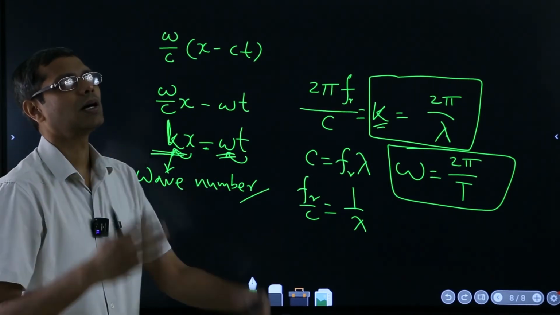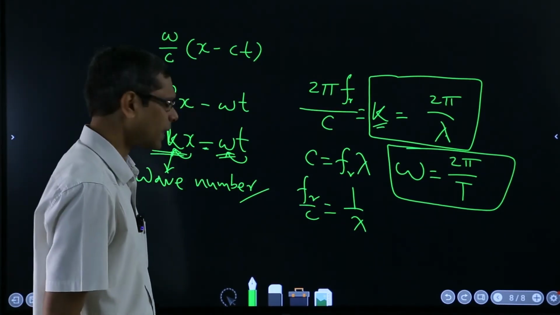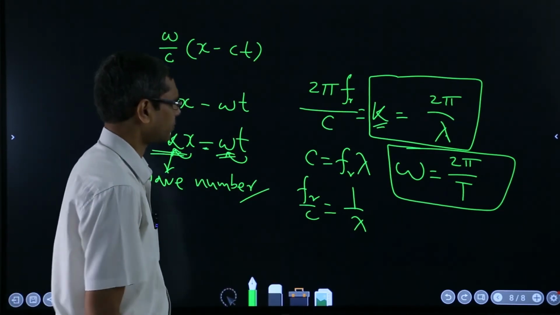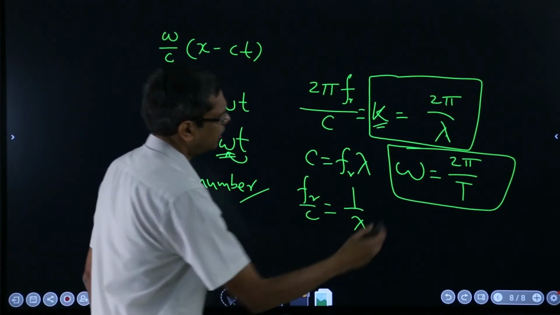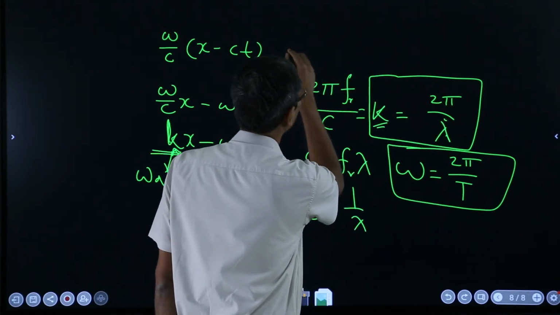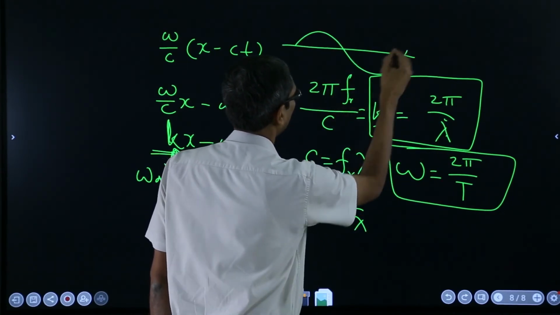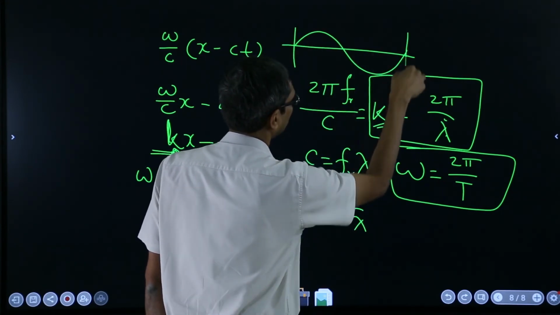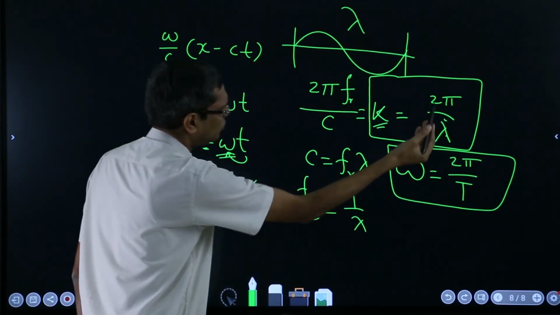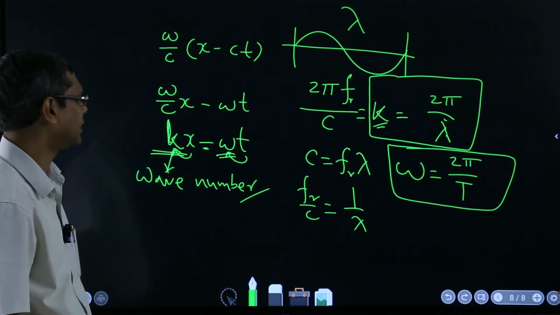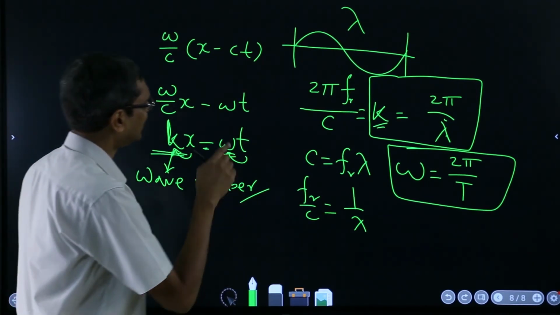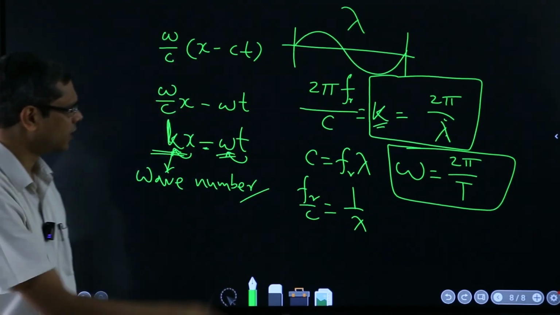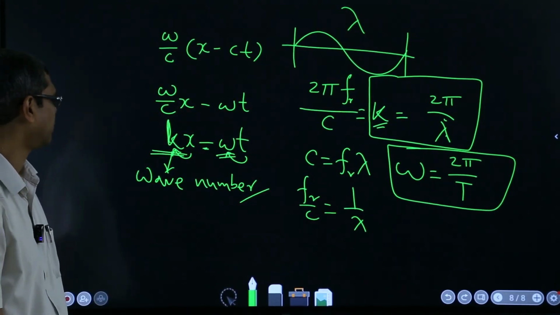So that means now if you see in space, if you calculate when again it is getting repeated, so lambda and 2 pi over lambda will give you the wave number, and then similarly in time, if somebody draws it standing at a particular location, he will get omega.